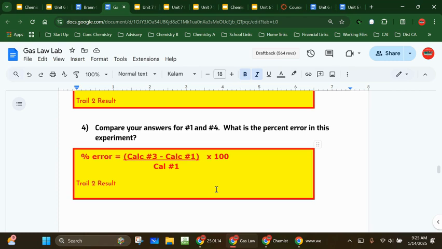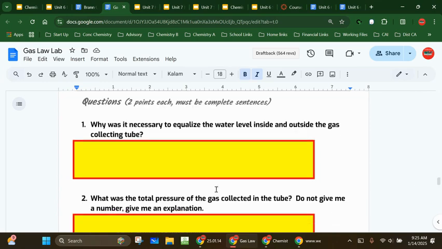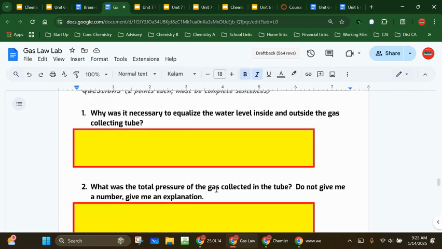Okay, now if you were paying attention a few minutes ago, we answered these questions for you. Why is it necessary to equalize the water level inside and outside the gas collecting tube? When we put it into the graduated cylinder, we got the 2 water levels equal. We just told you why we did that. Number 2.